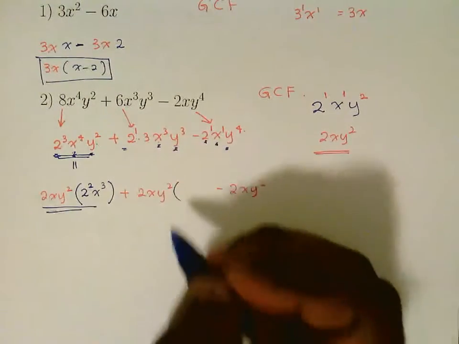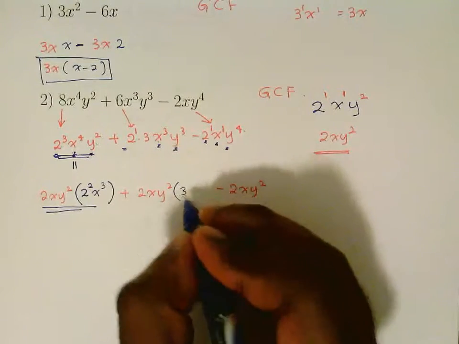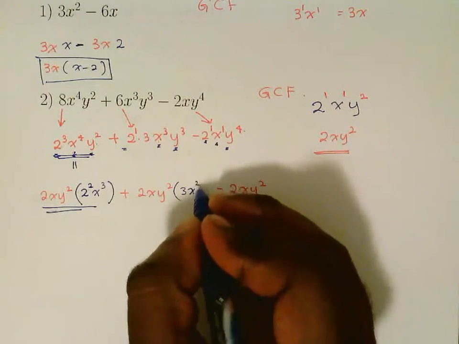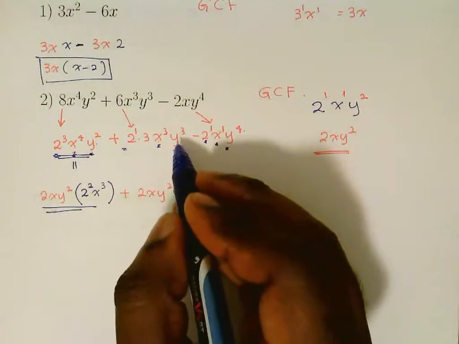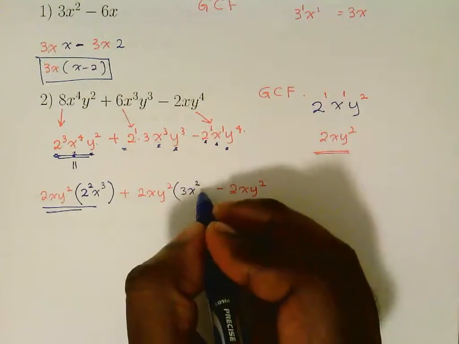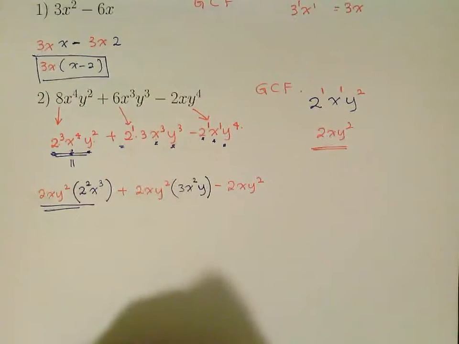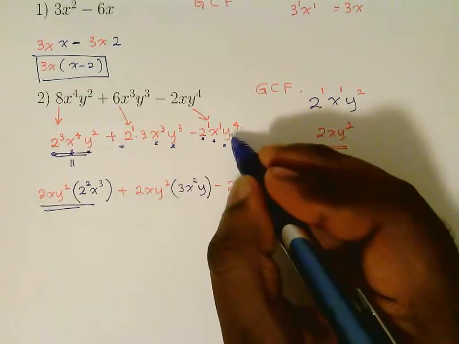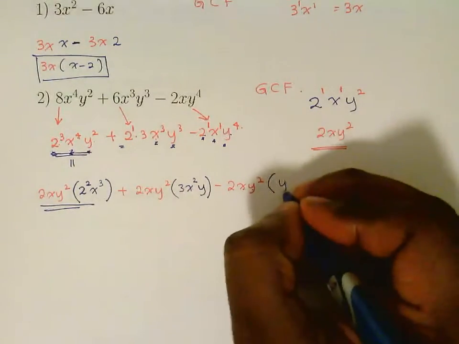Let's see what happens here. 2 is good. There is a 3 that's missing. X cubed, you have x, so you should have x squared. Y cubed, you have y squared, so you should have a y. And the last one, 2 is good, x is good. Y to the 4, you have y squared, so you have a y squared here.